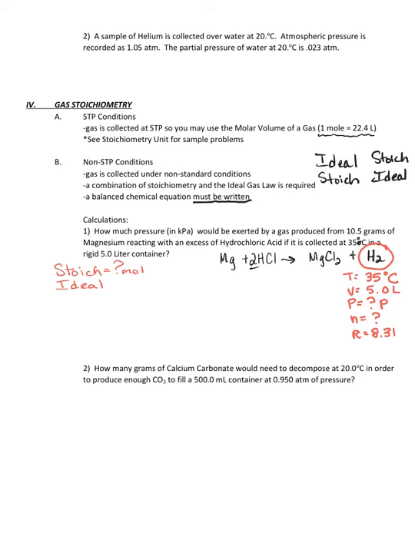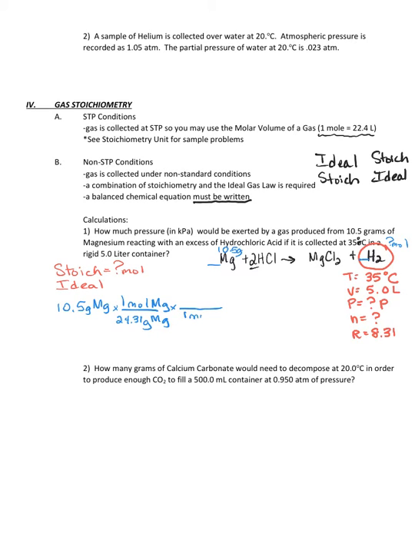That means we're going to start with our given, which is 10.5 grams of magnesium, and we're going to figure out our moles of our gas, which is hydrogen. 10.5 grams of magnesium. I think magnesium is 24.31 grams according to the periodic table for every 1 mole. Mole ratio is next.